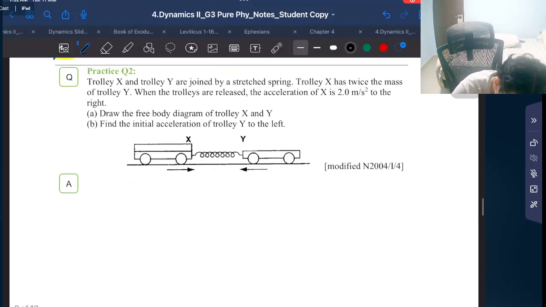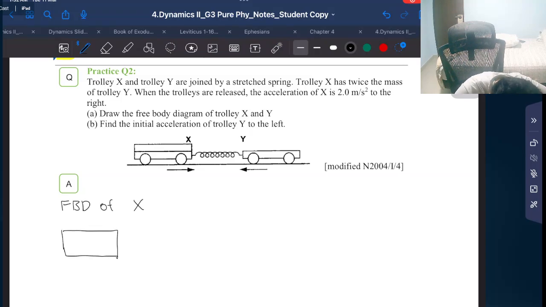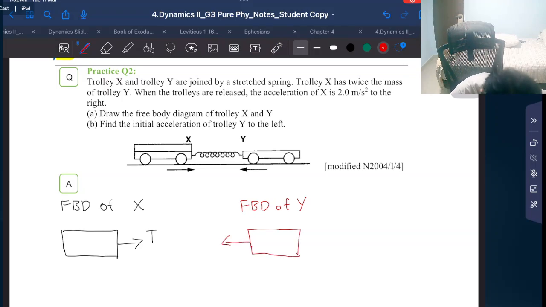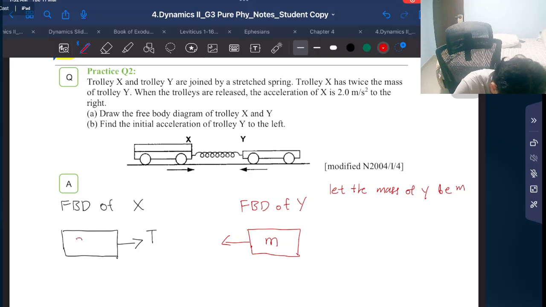So firstly, the free body diagram of X, very quickly. Tension, and then I have a mass that I do not know. But for the free body diagram of Y, I will also have the tension in the opposite direction, and I can say let the mass of Y be M. If this is M, then this means that your mass of X will be 2M.